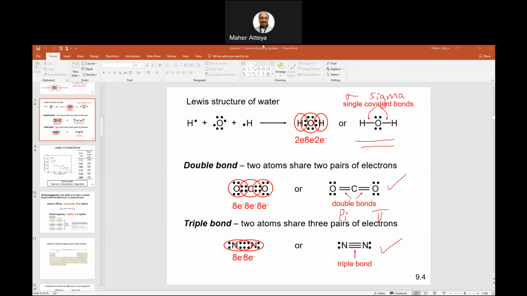But it's not sharing though. It's filling the vacancy inside the orbitals. That's totally different. So in covalent compounds we have single, double, and triple. We don't have a quadruple covalent bond. There is none.